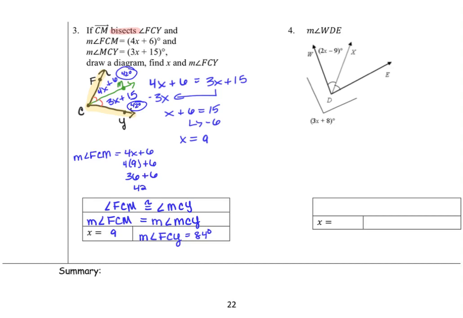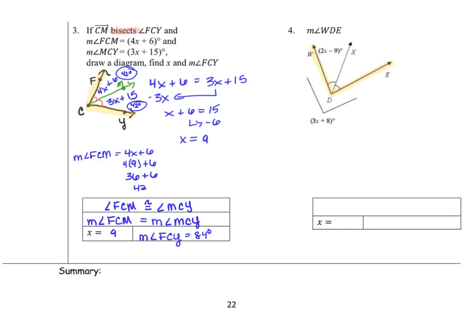WDE is right here. So this problem looks a lot different than some of the other ones because we're missing an angle here, and then we know the outside angle. So we know the outside angle is given by this expression 3x plus 8.